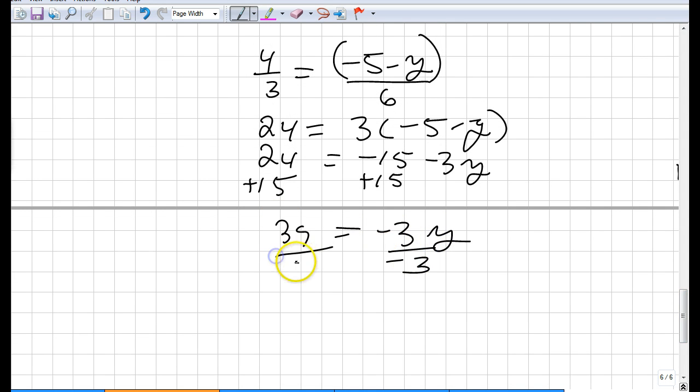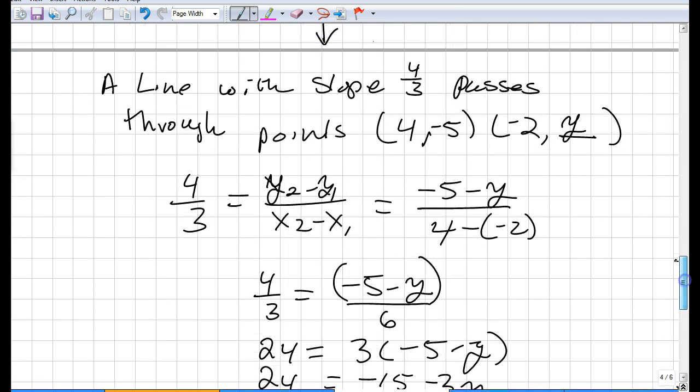Divide both sides by -3, and we get -13 equals y. And so the y value that belongs here is -13. So -2, -13 is a point that that line passes through.